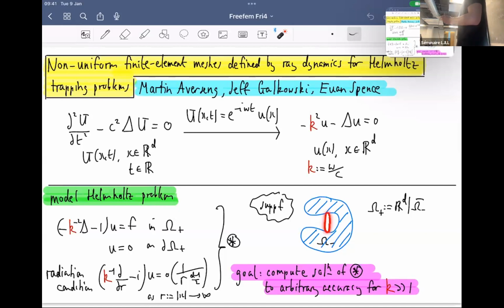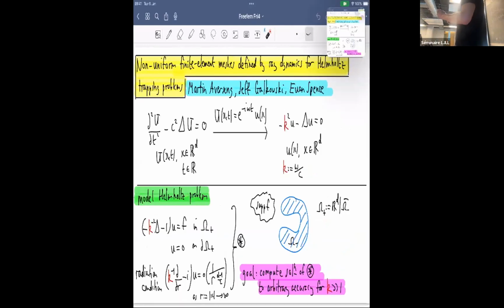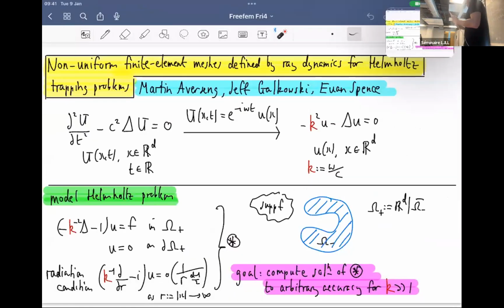And I guess, at least from my perspective, as a numerical analyst studying these Helmholtz problems, up till recently, I viewed trapping as a sort of problem. This was an annoyance, that you have trapping. It makes proving theorems harder. But of course, in applications, trapping is often the thing you want to exploit.